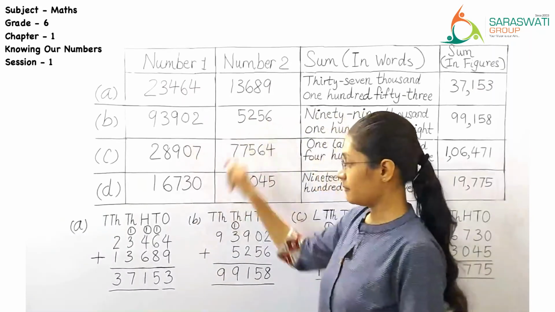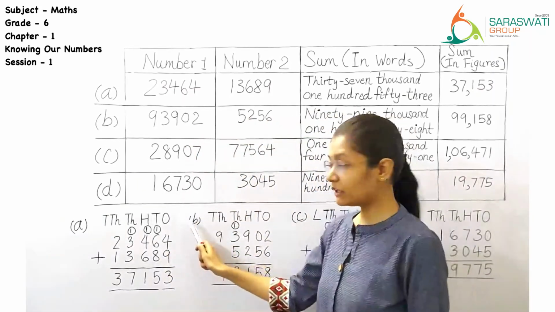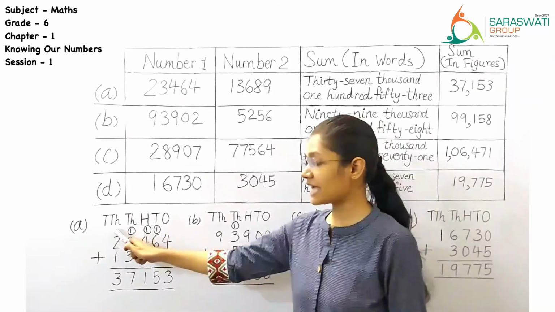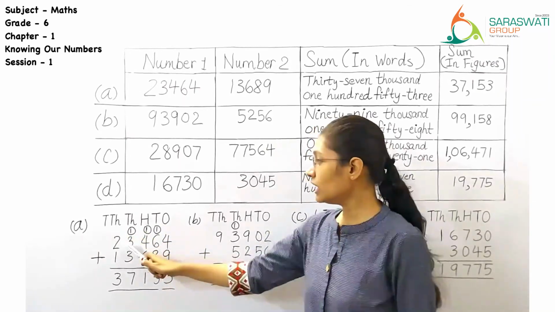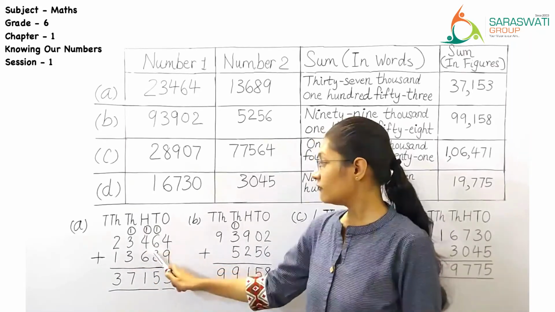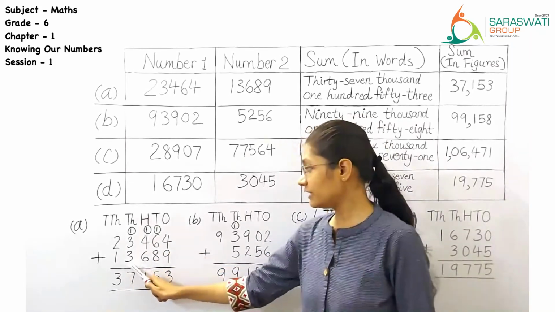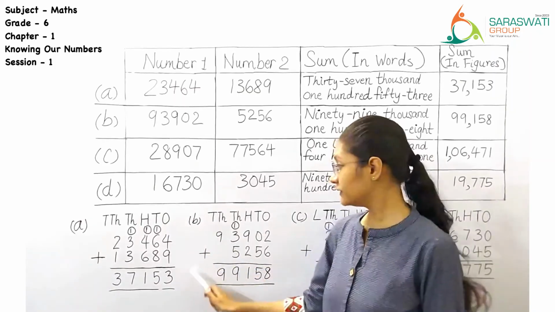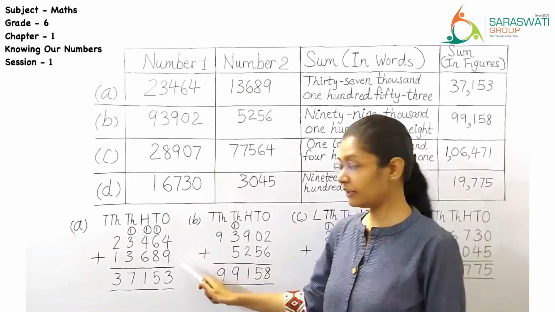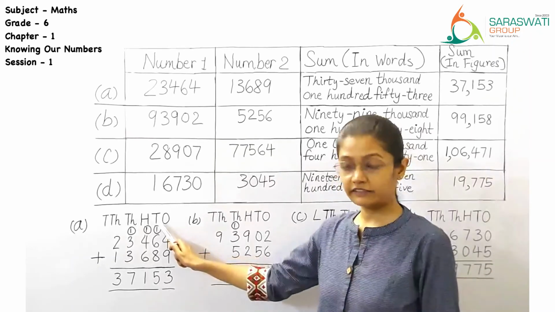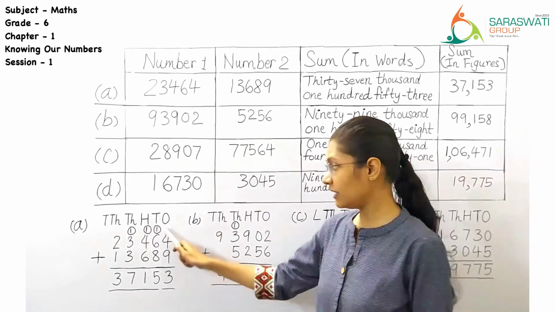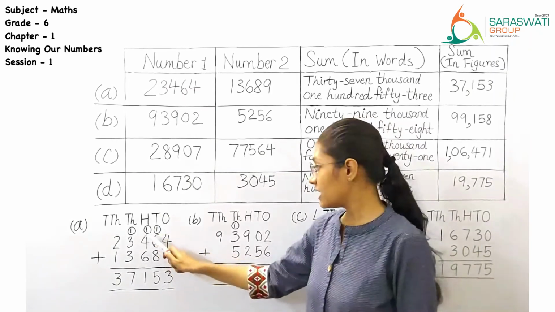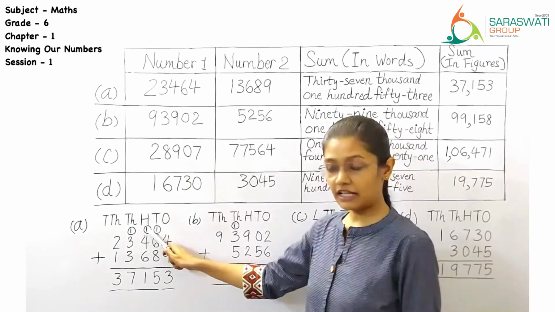The first pair over here, I have written down the places: ones place, tens place, hundreds place, thousands and 10,000. So 23,464 and 13,689. Starting from the ones place, 4 add 9 is equal to 13. So 3, 1 carry over to the tens place, 6 add 8, 14 and 1, 15. 5, 1 carry over to the hundreds place. 4 add 6, 10, 10 add 1, 11.